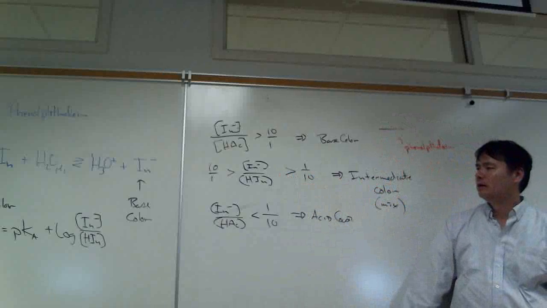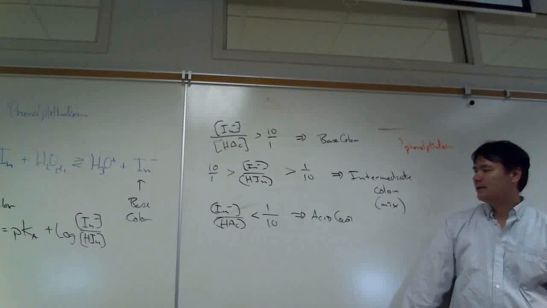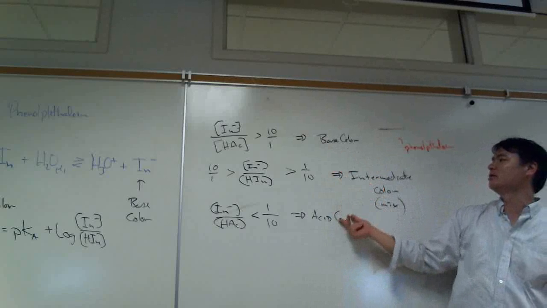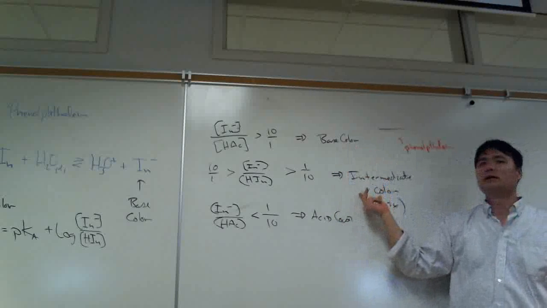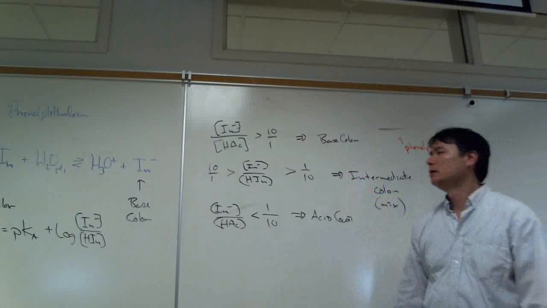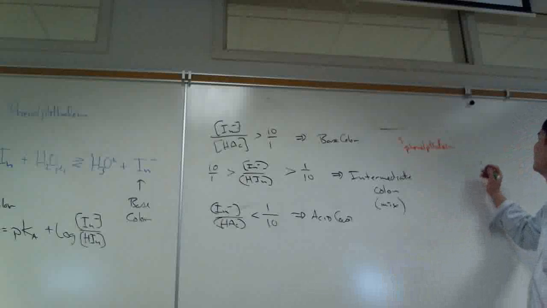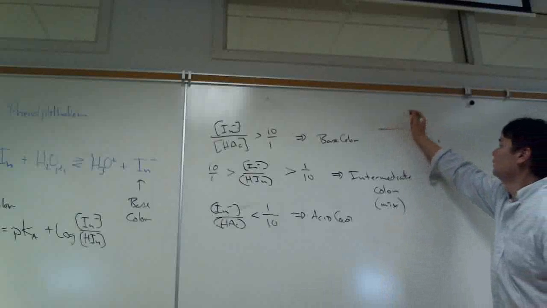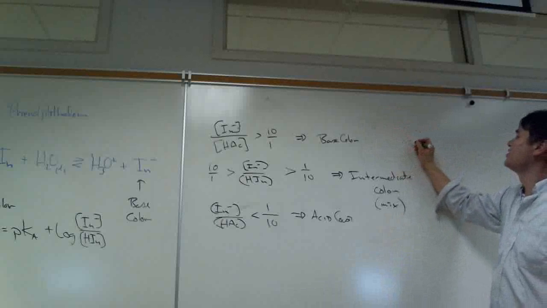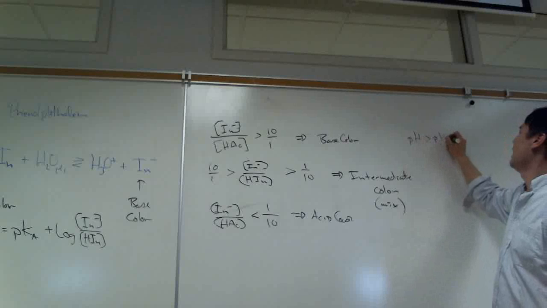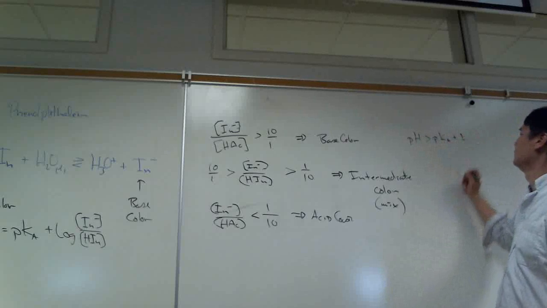One part of base, one part of acid. And so for phenolphthalein, the acid color is colorless, the base color is red, and so colorless and red make light pink. And so what we see is this then, that the base color is going to dominate when the pH is greater than the pKa plus 1.